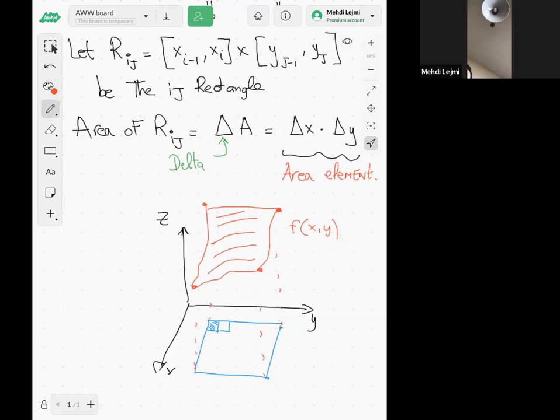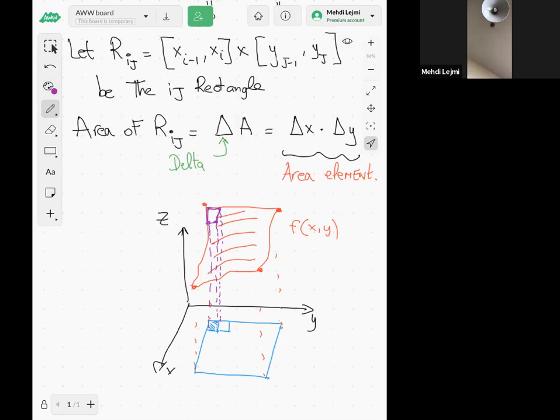So for each rectangle Rij corresponds a region under the graph of the function f. You have this small rectangle here, so we're going to have a small region here.